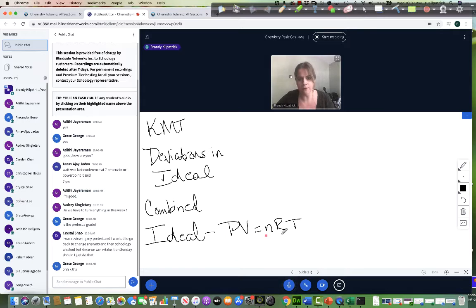We should be able to plug in those variables and get a volume or a pressure, and then measure that volume or pressure and it should match. But it doesn't always match, and the reason is sometimes there's a deviation in ideal behavior.